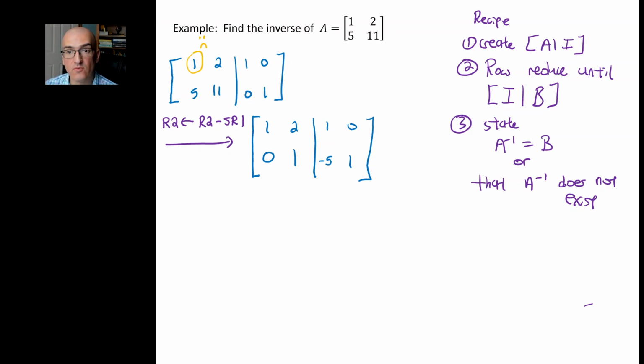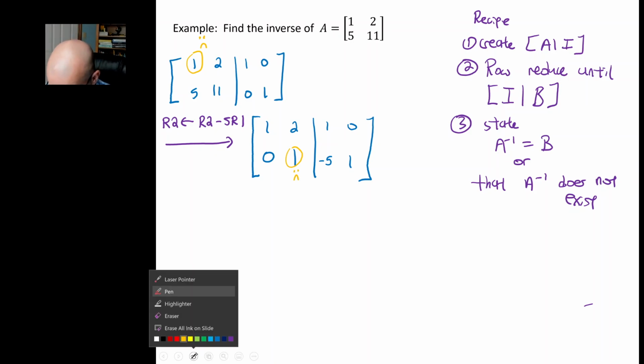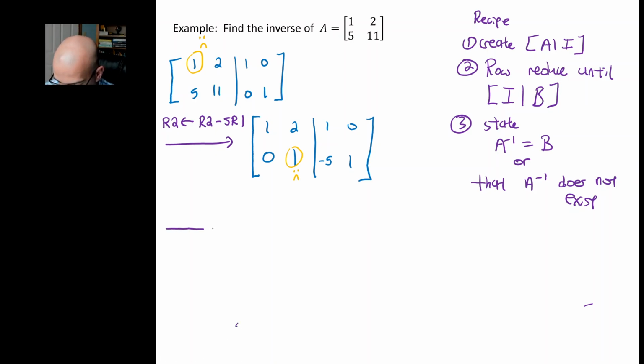Okay, we're almost there. We almost have the identity matrix on the left-hand side. Now we have a leading 1 in the bottom right that's not happy. We need to zero it out. How do we do that? Well, we're going to replace row 1. Row 1 gets replaced by row 1 minus 2 times row 2. Let's see what we get. So 1 minus 2 times 0 is 1. 2 minus 2 times 1 is 0.